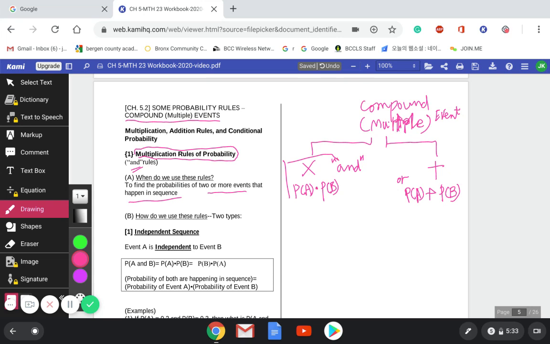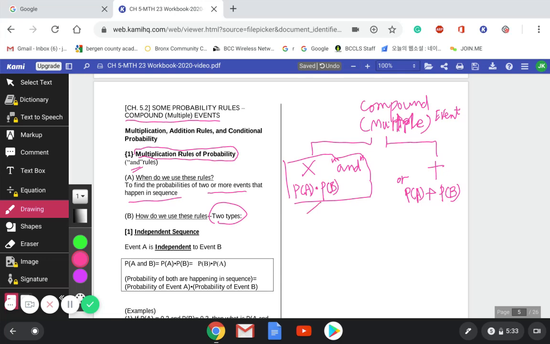In that case, you write that probability of A and B is probability of A multiplied by probability of B, or probability of B multiplied by probability of A. Okay? In other words, the order doesn't matter.